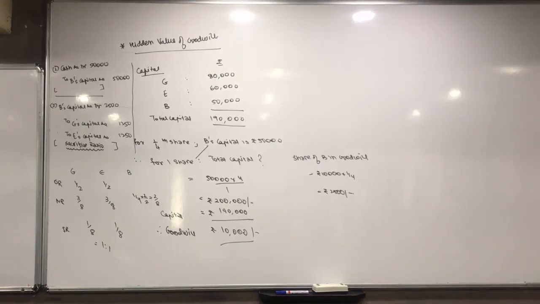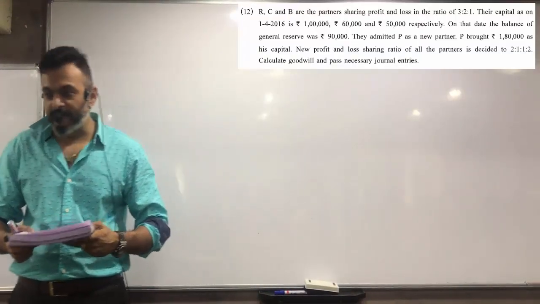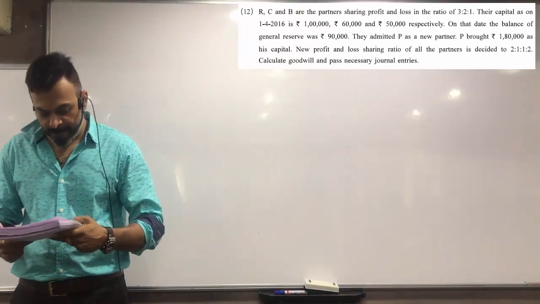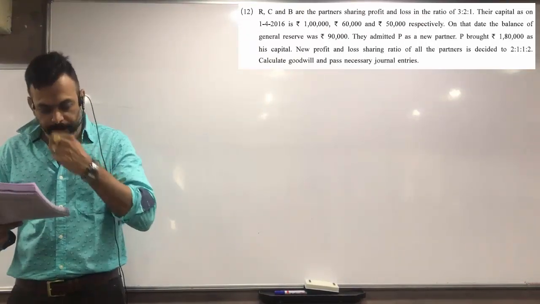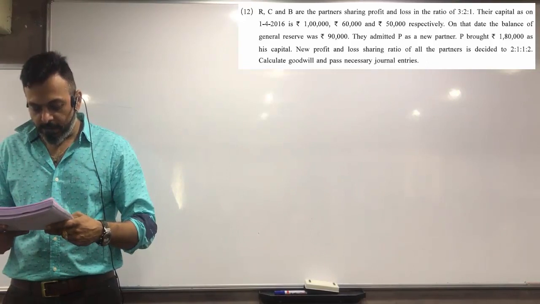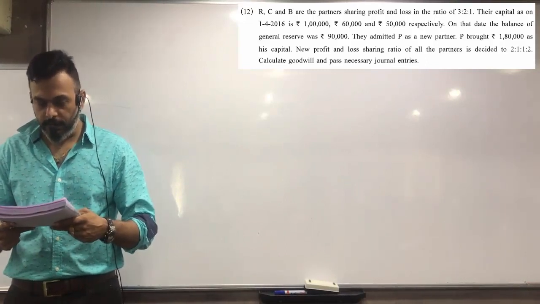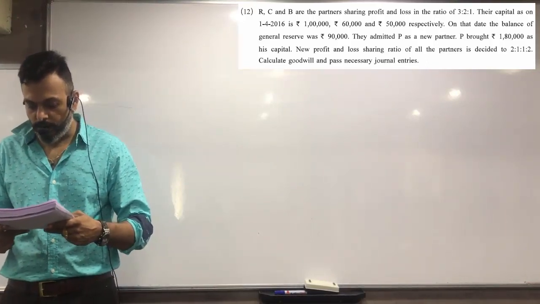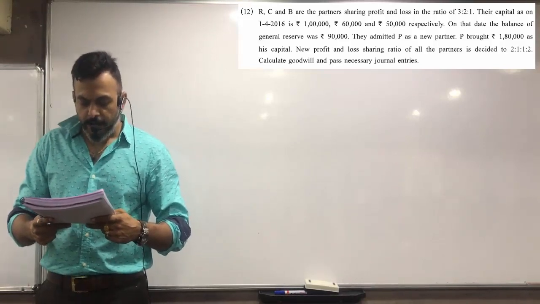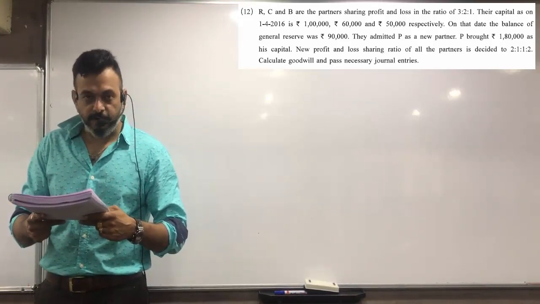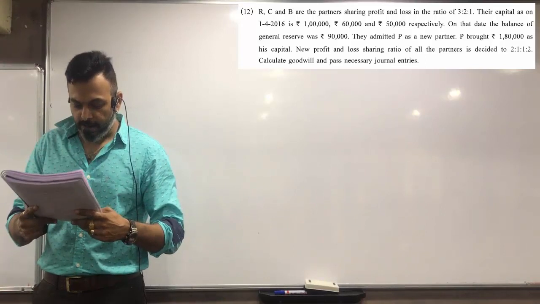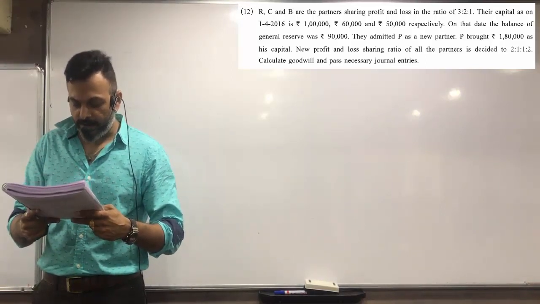Next. Question number 12, page number 206. 12 sums are tricky है, ध्यान देना please. R, C and B are partners sharing profit and loss in the ratio of 3:2:1. Their capital as on 1/4/16 is 1,60,000 and 50,000 respectively.